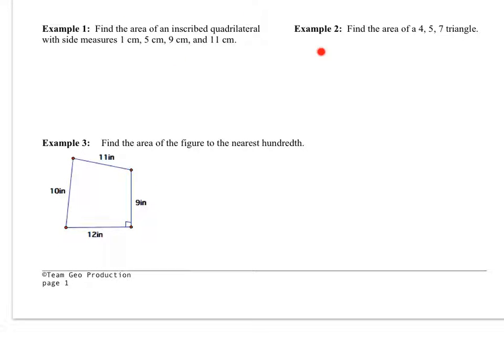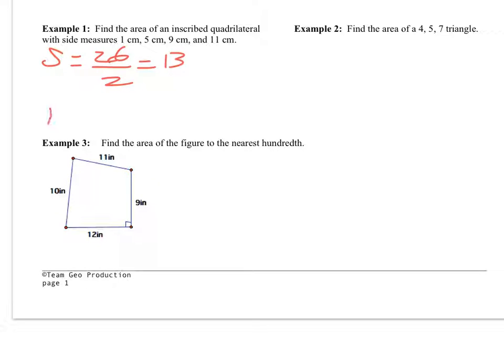All right, so for number 1, am I going to use Heron's or Brahmagupta? Brahmagupta, because it's an inscribed quadrilateral. So you could draw the picture if you want to, but it's not needed because you know it's inscribed in the circle. So I first find little s. If I add up all the sides, you get 26. So 26 divided by 2 is 13.